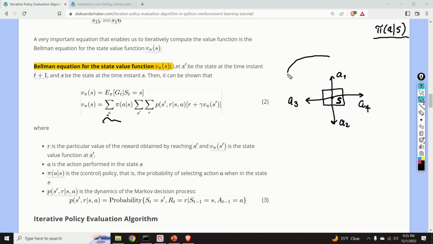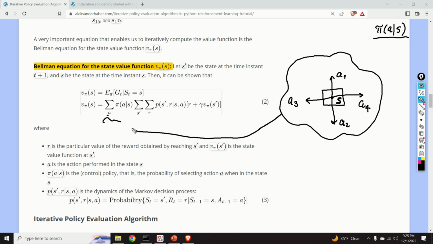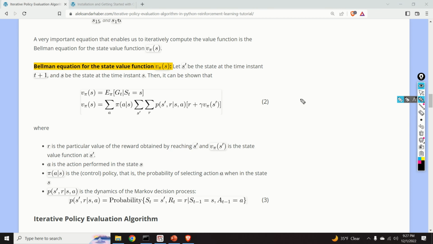This graph corresponds to the sum over here. So the summation is performed over A1, A2, A3, and A4. Next, let us assume that we are in the state S and that we selected the action A2, that is, go down.